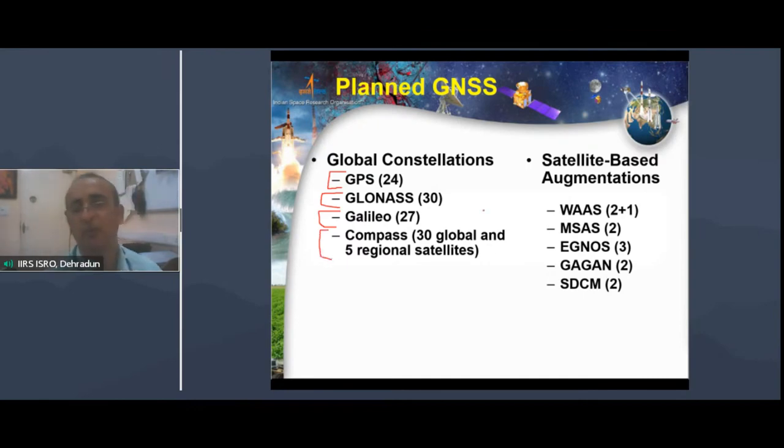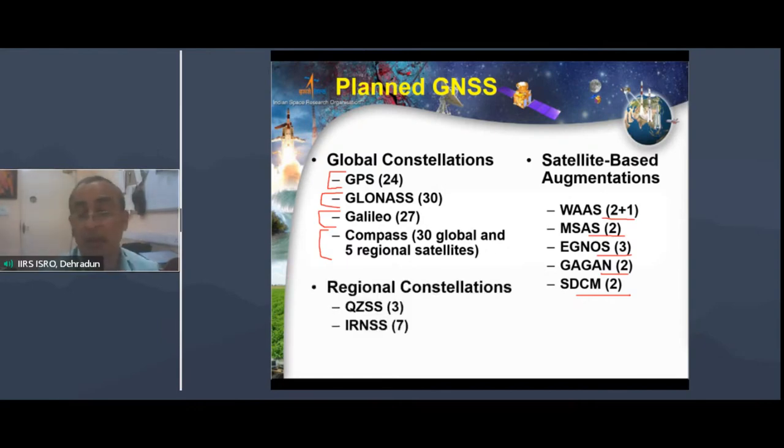And with these, if you focus on satellite based augmentation system, there is WAAS, which has 2 + 1, 3 satellites, MSAS 2 satellites, EGNOS 3 satellites, Gagan with 2 satellites, and SDCM 2 satellites. One is as a spare and the second is to transmit the corrections. And I have also talked in the previous lecture about regional constellations of satellite based navigation like QZSS for Japan and IRNSS for India.